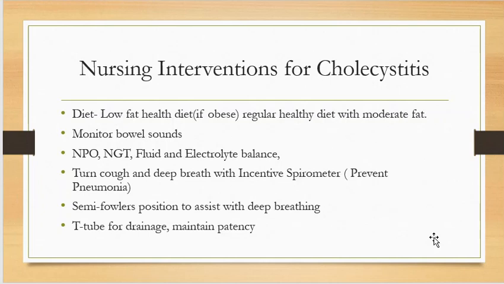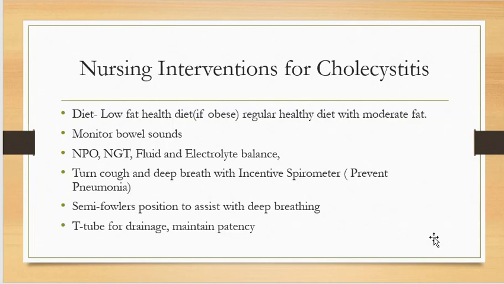All right, so what are our nursing interventions for cholecystitis? So if a patient has had surgery or has not had surgery, if a patient keeps their gallbladder, okay, and they're being discharged and they're overweight, we want to encourage a low-fat, heart healthy diet, and then maybe some calorie restrictions.